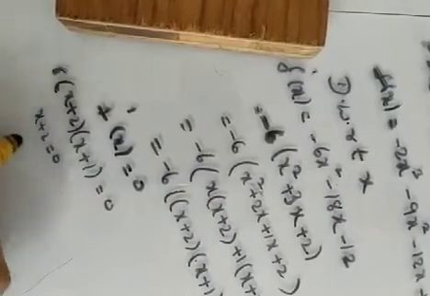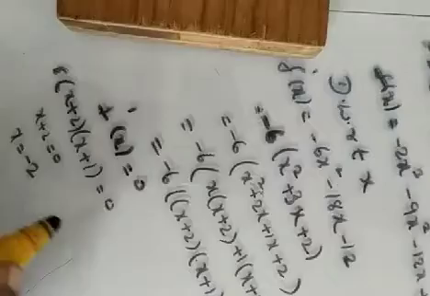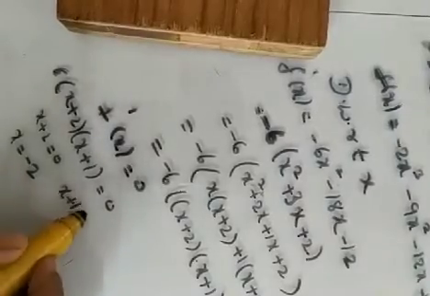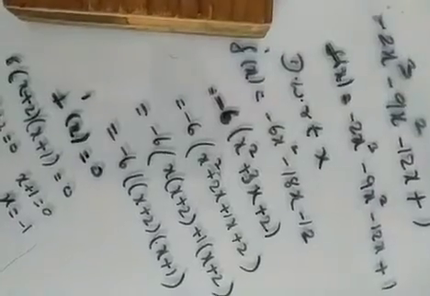So x plus 2 is equal to 0, x is equal to minus 2, x plus 1 is equal to 0, x is equal to minus 1. So what are the intervals then? I hope you have copied it. Okay. Next step. We got the values as minus 2 and minus 1.